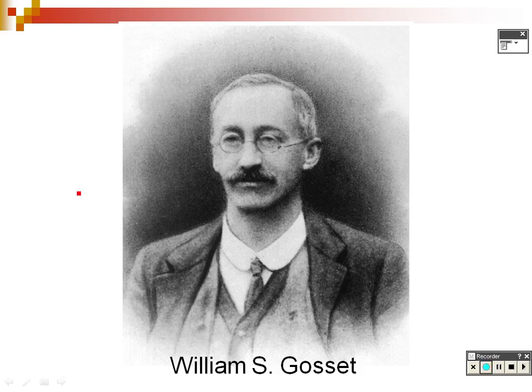Okay. This is William S. Gossett. He is also brought to us by the letter T. Standard error. You're going to see this language in your book. SE means standard error, and that refers to taking S and dividing it by the square root of n.